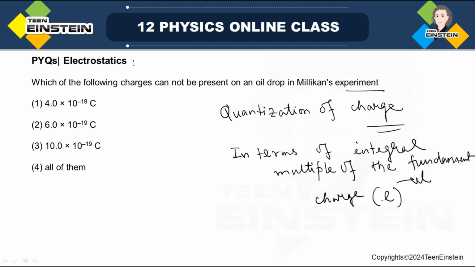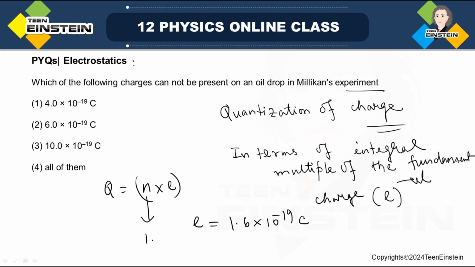If I take the magnitude, that electronic charge is 1.6 into 10 to the power minus 19 coulomb. So any charge can be expressed as an integral multiple of this. That means this is an integer number.